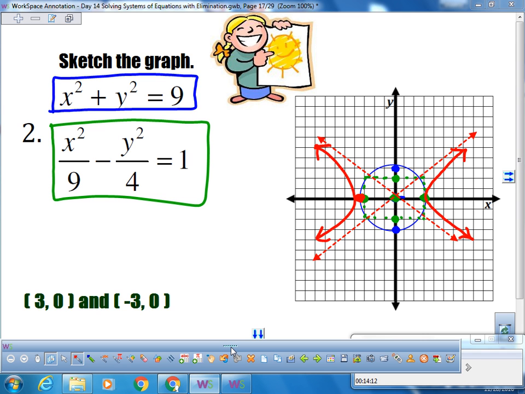How many possible solutions could we have had with these two shapes? How many times could they have crossed? 4, right? If this hyperbola was a little bit skinnier, it would have crossed the circle here and here, and here and here.